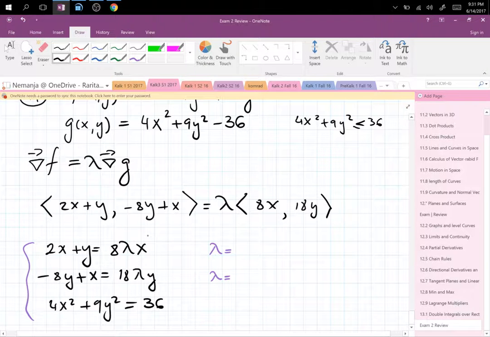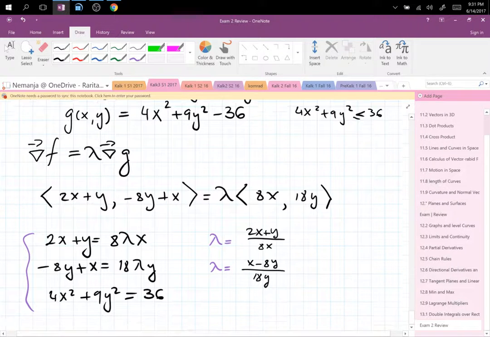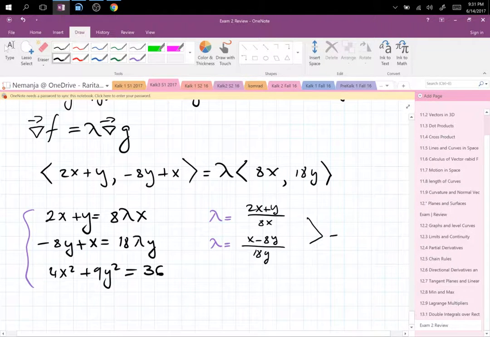So lambda on the first one is 2x plus y divided by 8x, and on the second is x minus 8y divided by 18y. You set those equal to each other because lambdas are equal on the left. That means that the right-hand sides have to be the same, and this is what we get.